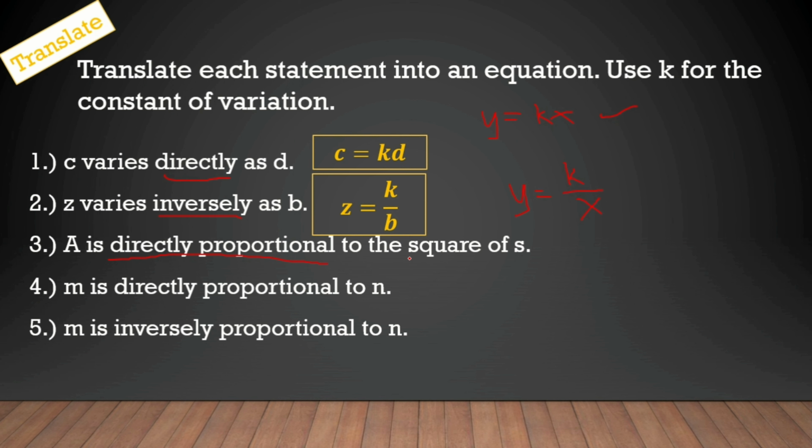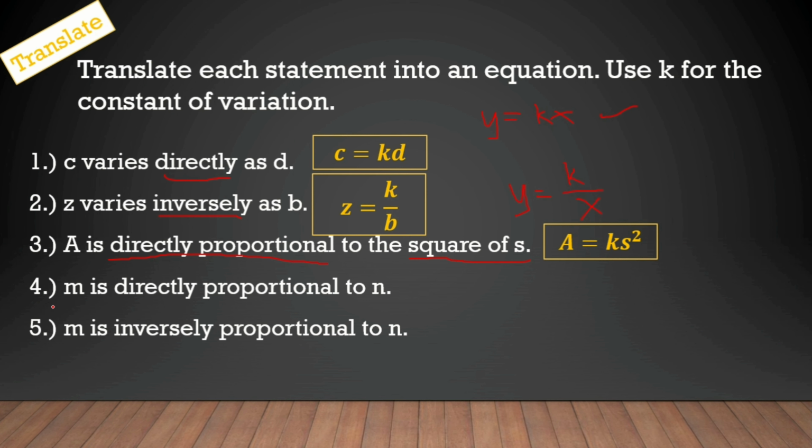Okay, so since binanggit din dito, square of S, magiging ganito yung statement niya, A is directly proportional to S squared, kasi square of S.